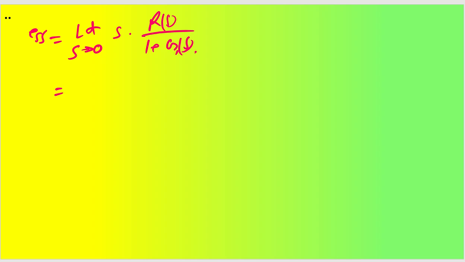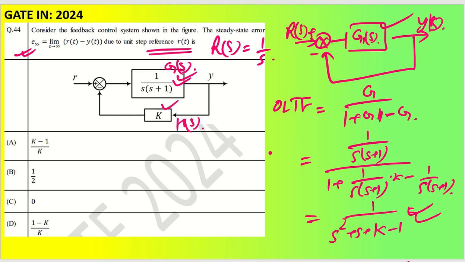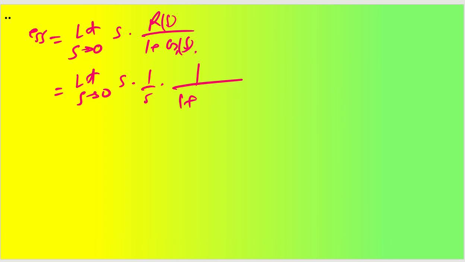So the limit s tends to 0, s into R of s is 1 by s, into 1 by 1 plus G1 of s. We got G1 of s as 1 by s square plus s plus K minus 1, so we'll put that in.